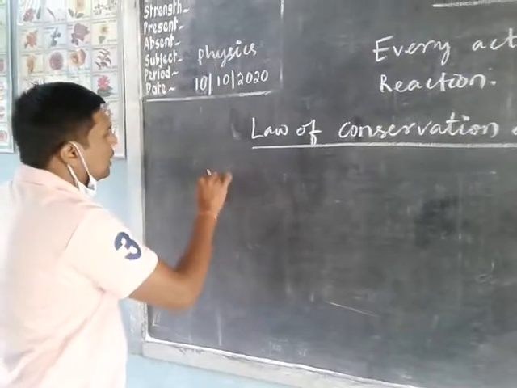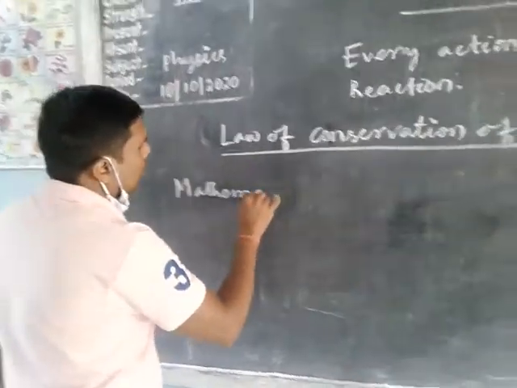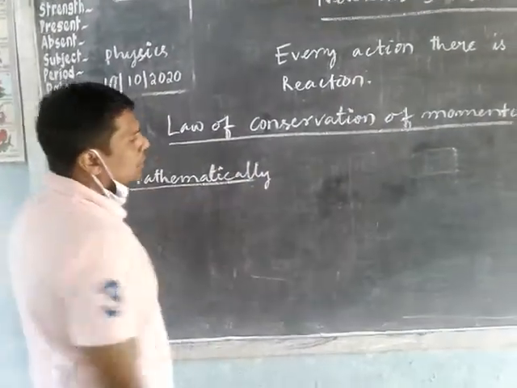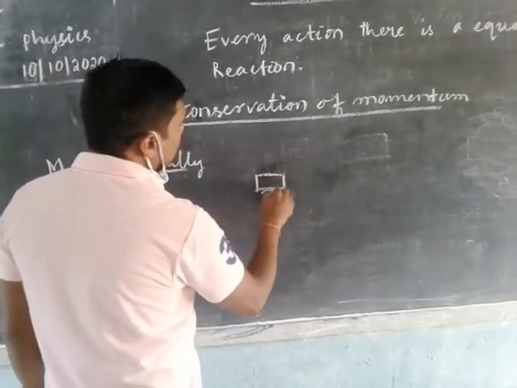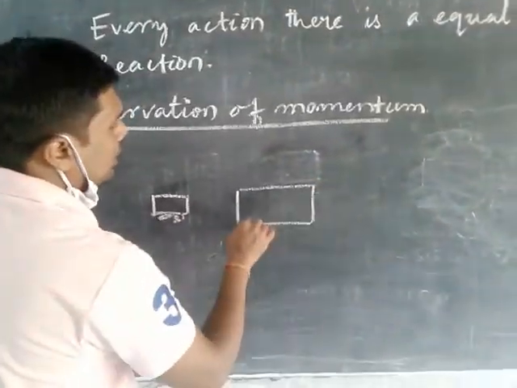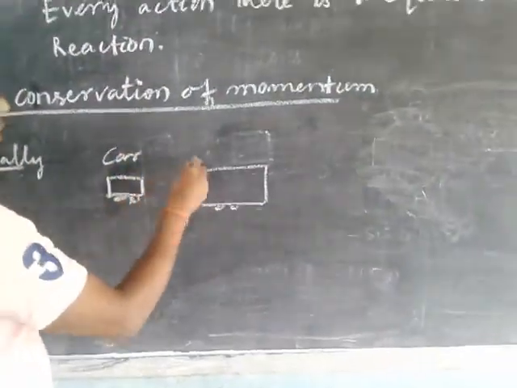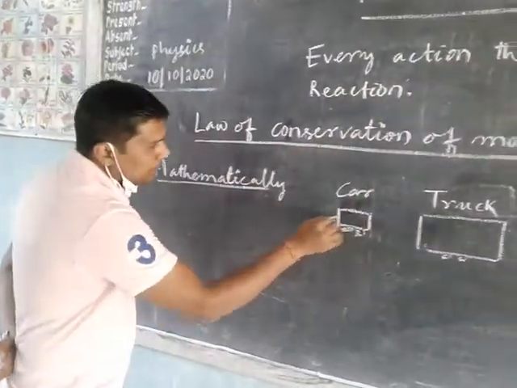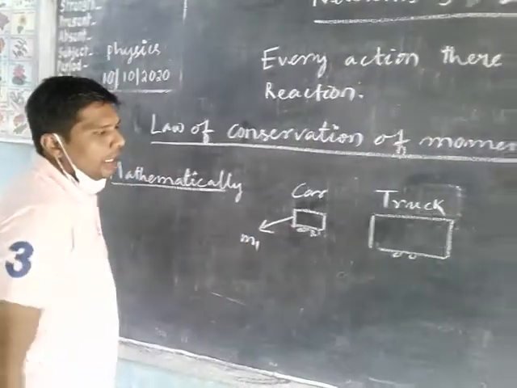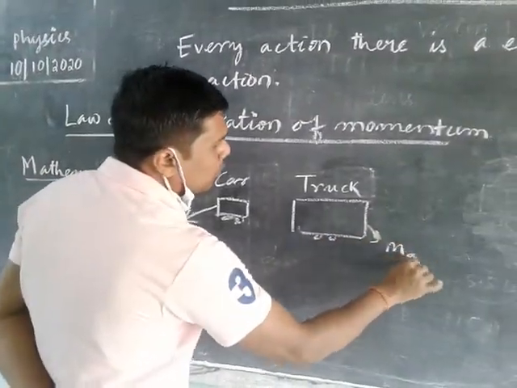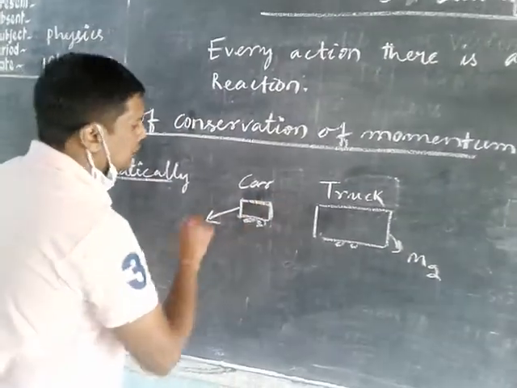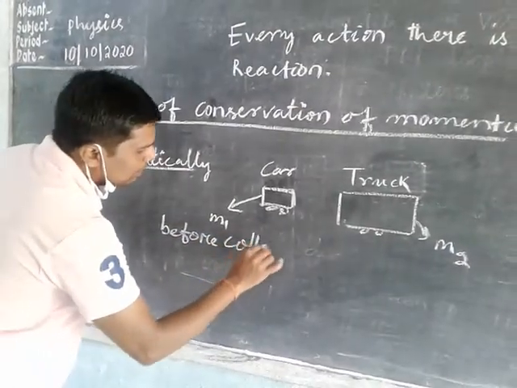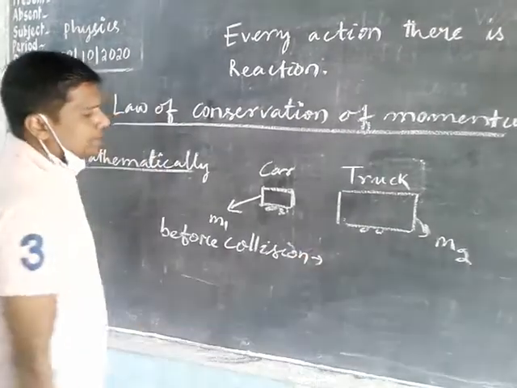So we can understand it mathematically. Suppose there is one car here and one truck here. Let the mass of the car be m1 and the mass of the truck be m2.